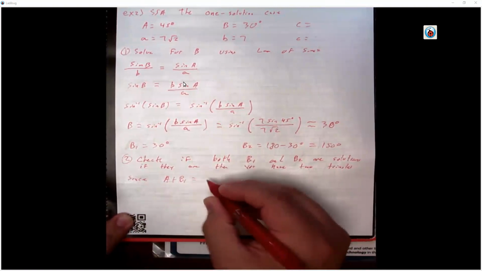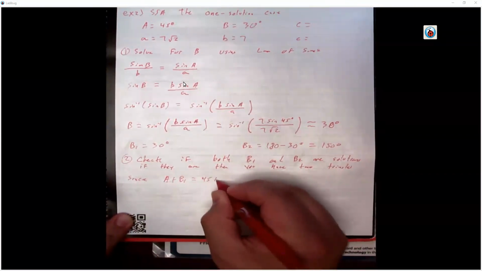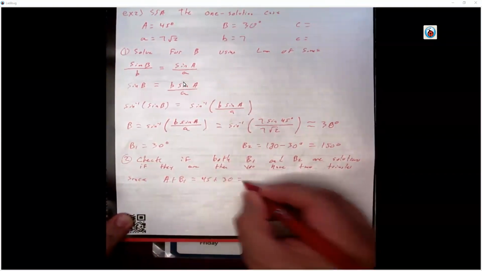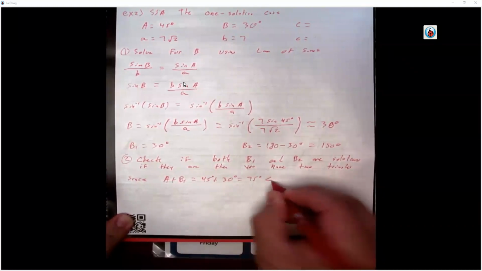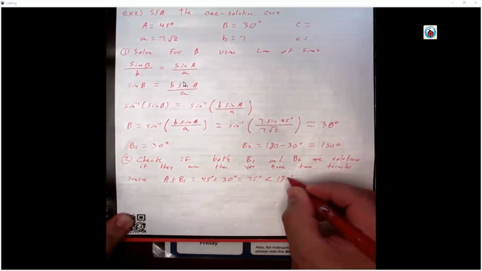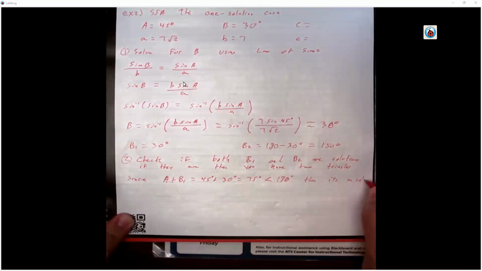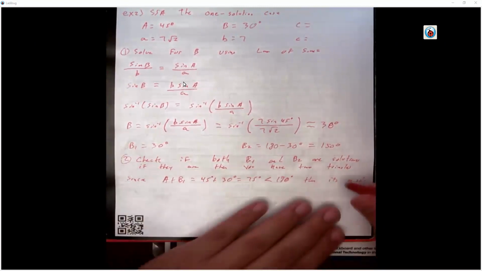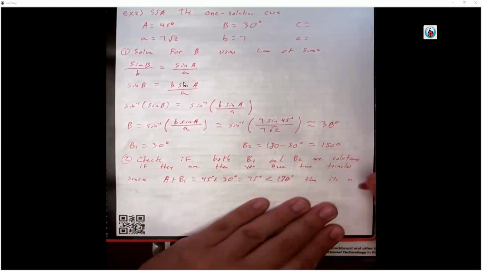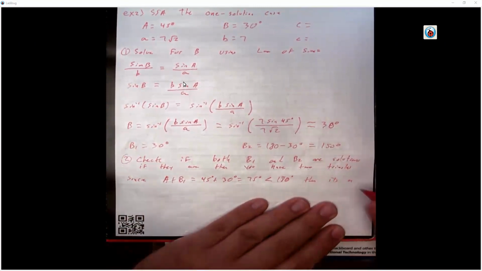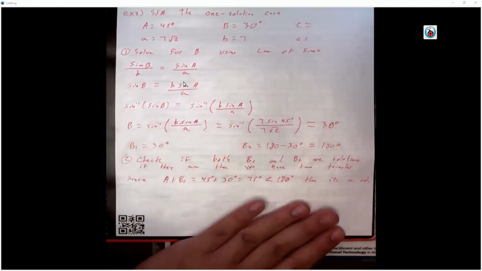So since A plus B1 is equal to 45 plus 30, which is 75 degrees, is less than 180, then it's a solution. Okay.